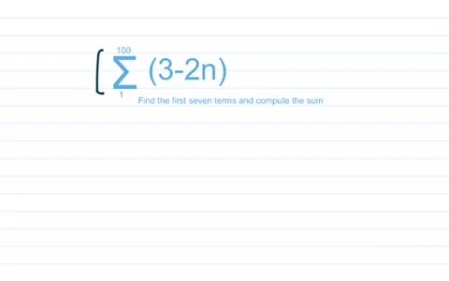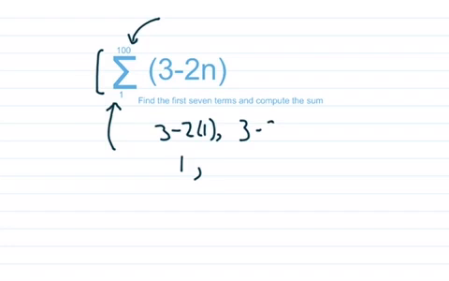So this would be the beginning of your sequence, so the first number. This will be your end point, so 1 in 100. To find the first 7 terms, you plug n into 1, 2, 3, and so on. So 3 minus 2 times 1, which equals 1, and then 3 minus 2 multiplied by 2, which is negative 1.